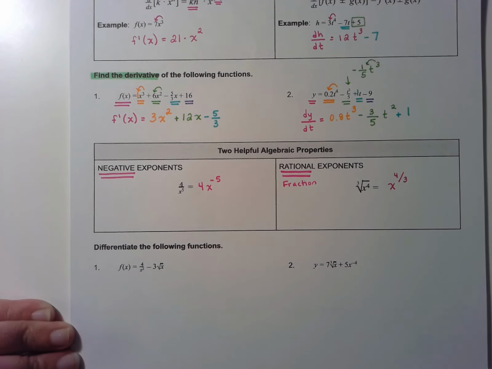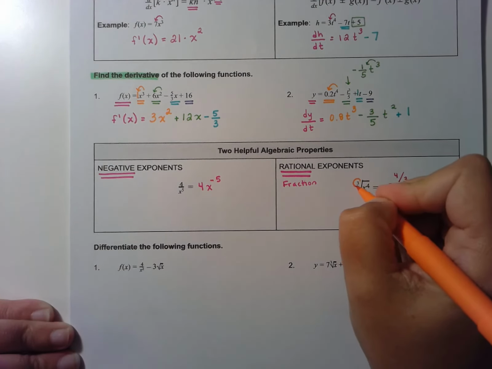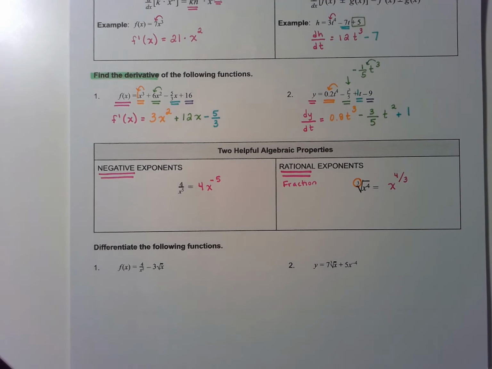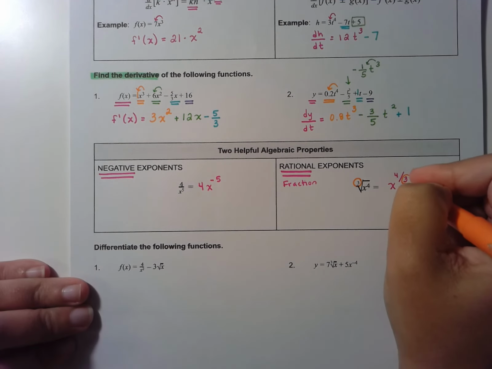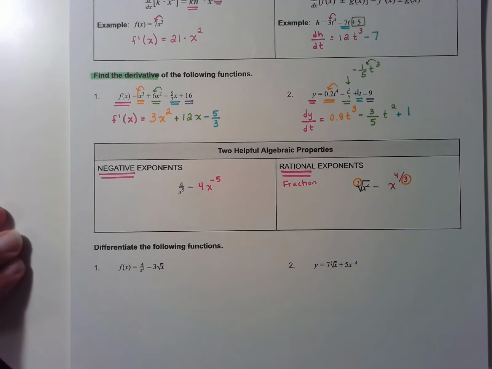And the reason I can do that is that whatever number is inside the root, like if it's a third root or a square root, that becomes the number that you're dividing by. So the root is what you divide by to make your fraction exponent. Let's see how that can help us rewrite our problems to make it easier to find the derivative.